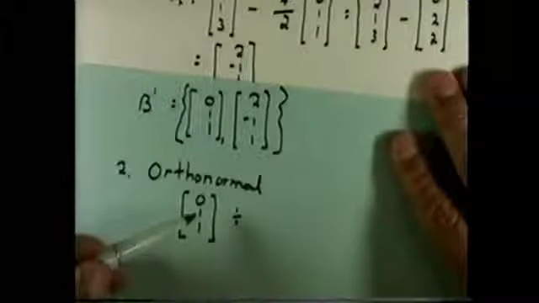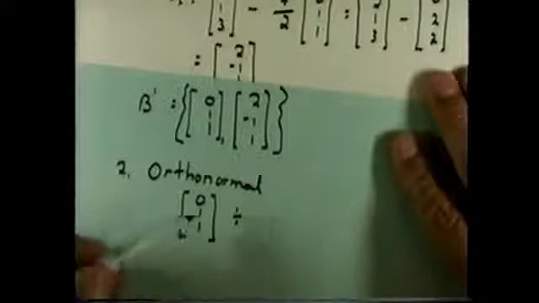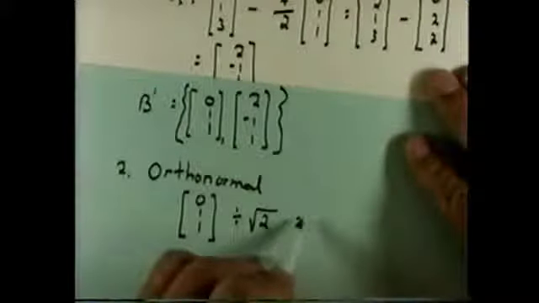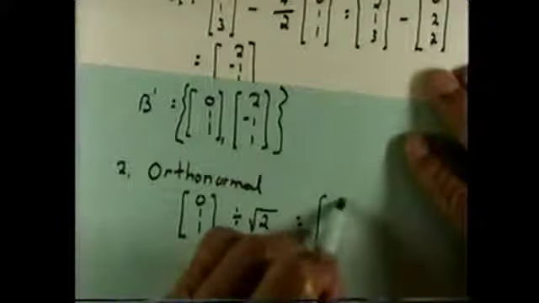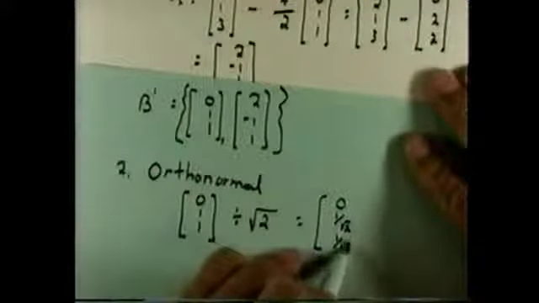The length would be 0 squared plus 1 squared plus 1 squared. 1 squared is 1, 1 squared is 1, 1 plus 1 is 2, so it would be the square root of 2. So that's going to be the vector 0, 1 over the square root of 2, 1 over the square root of 2.